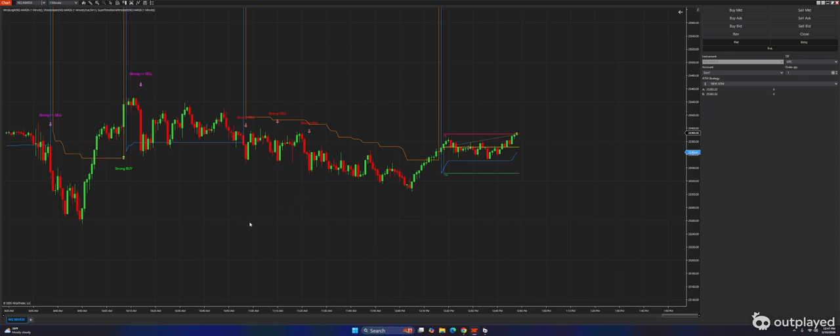From 9 a.m. till now you would have had one bad trade, then three good trades, and you'd be getting close to a fourth good trade. That's already more than 100 ticks. So right there, it's already at your take profit.